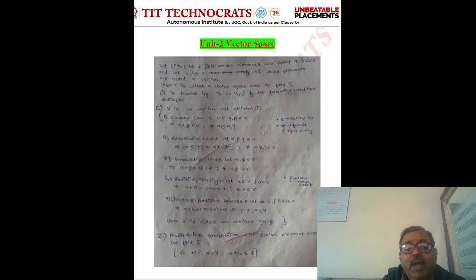Fourth is the additive identity. Let alpha belong to V, then there exists an element 0 belonging to V such that alpha plus 0 equals 0 plus alpha equals alpha for every alpha belonging to V. Then 0 is called the additive identity. Number five, additive inverse.